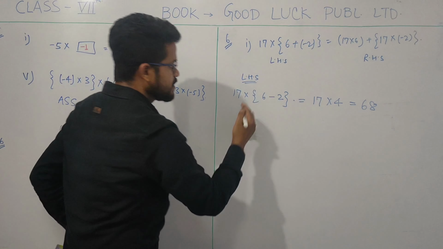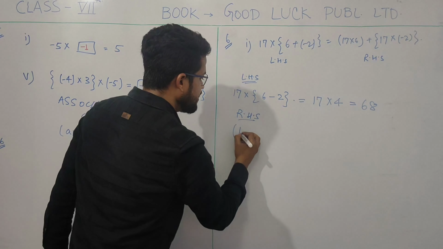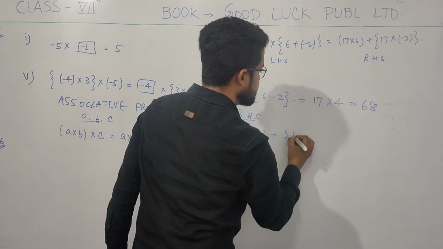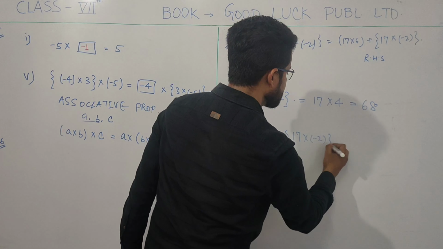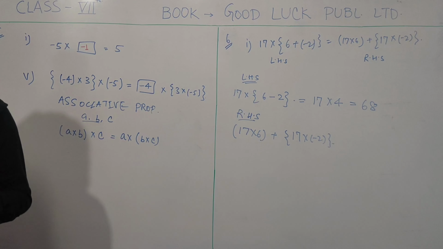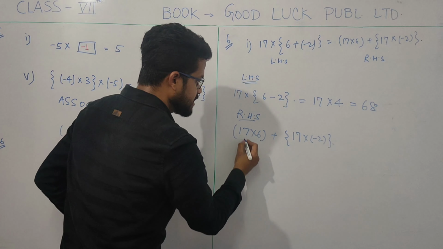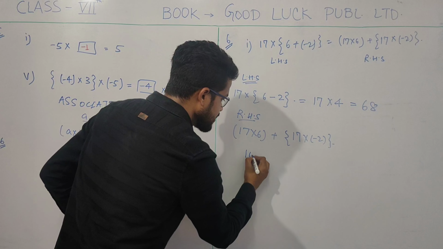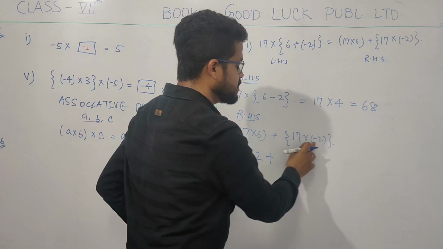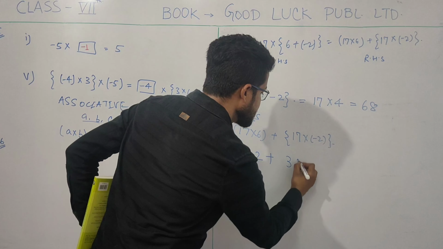Okay. Now go to the right hand side. RHS, there is 17 into 6 plus 17 into minus 2. Simply multiply these numbers. 17 into 6 is 102, plus 17 into minus 2. First multiply both these numbers. 17 into 2 is 34.